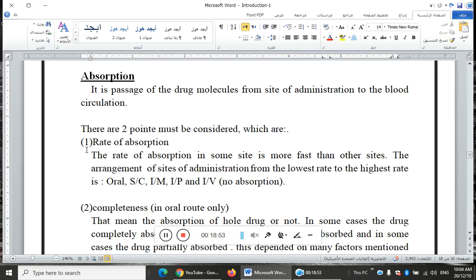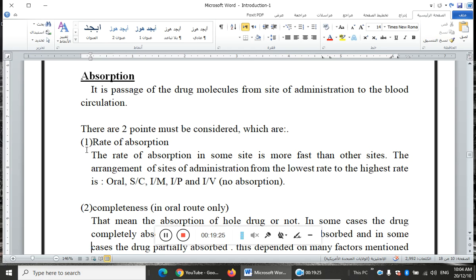So we could arrange the sites of administration from the lowest rate to the highest rate. The lowest rate of absorption we will see in the oral. Then faster than oral is subcut. It is faster than subcut is IM. Faster than IM is IP. And of course, the fastest one is IV.